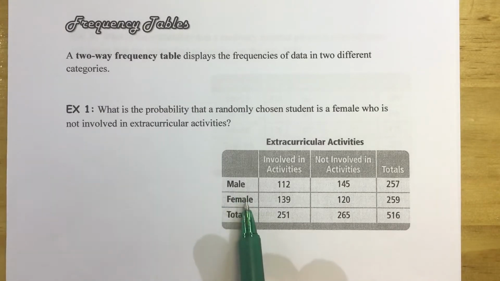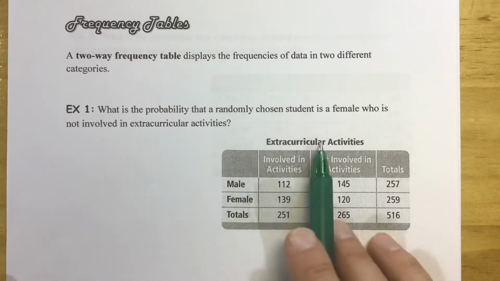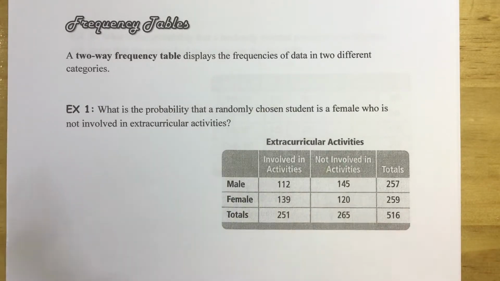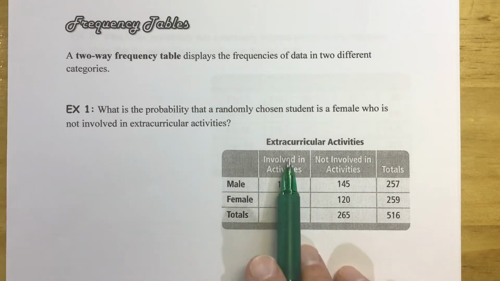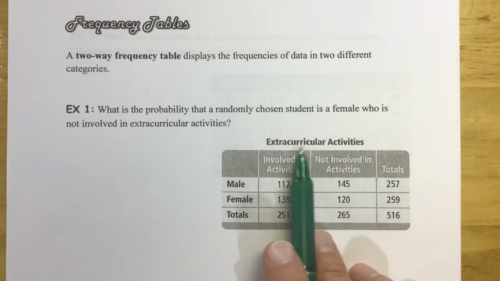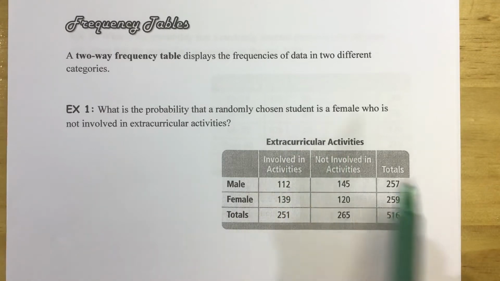So you're either male or you're female. Okay, extracurricular activities, you're either in them or you're not in them, right? So you only have one or the other available there. Later, we're going to look at some tables where maybe you have a few different choices, but they all still come from the same category.